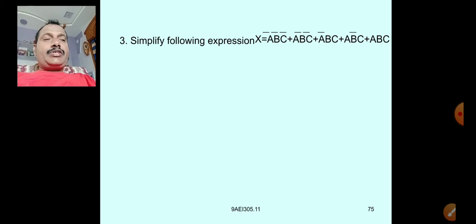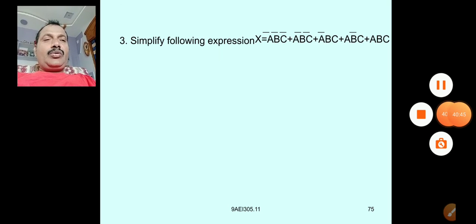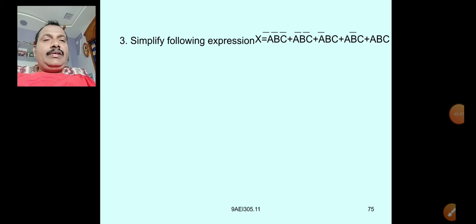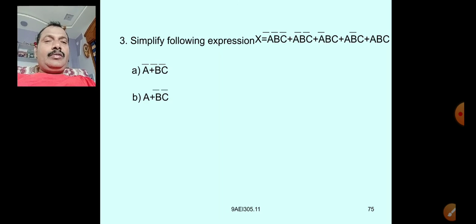Take the question like this. Simplify x equals a bar b bar c bar plus a bar b bar c plus a bar b c plus a b bar c plus a b c. Already we have done this problem, so this is the answer.